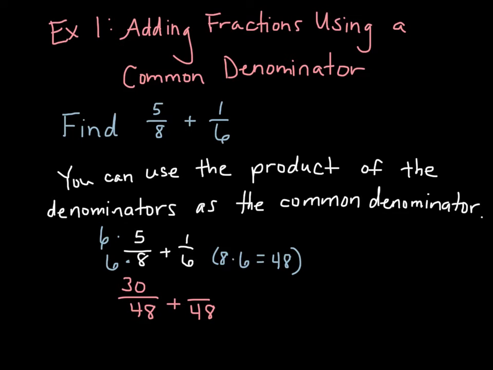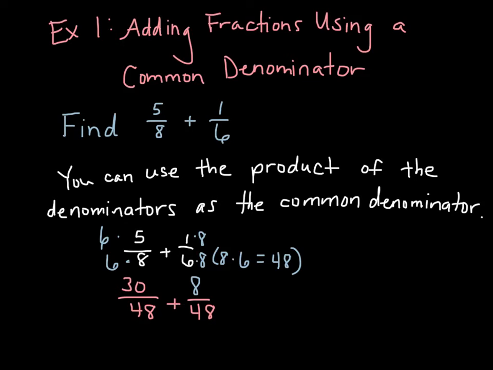And then 1/6, you would multiply 6 by 8 to get 48. So you would do that on the bottom and on the top, and 1 times 8 would give you 8. So the new numerator for this fraction would be 8.